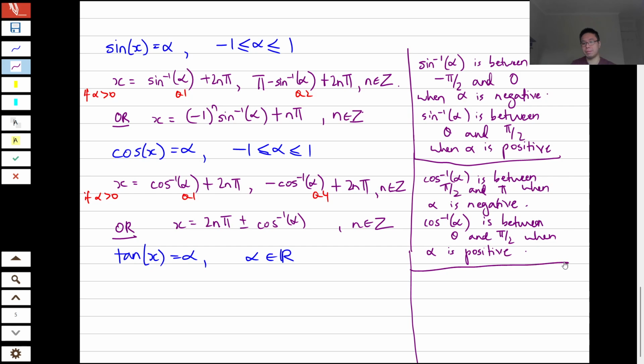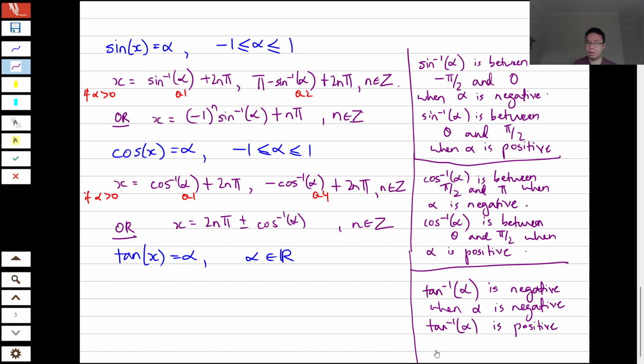Okay, finally, we'll say tan inverse of alpha is negative when alpha is negative, and inverse tan of alpha is positive when alpha is positive.